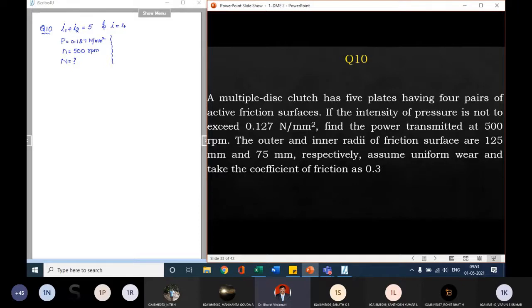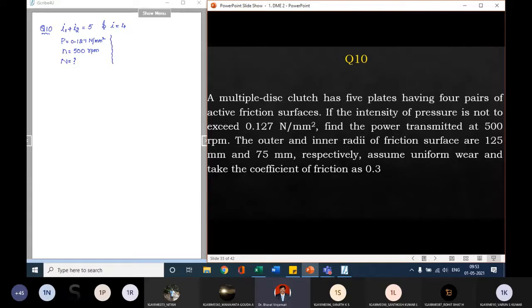You read it, you make an analogy, you make the process in your mind, or try to make a rough sketch of what he has given. If not once, read the question twice, thrice, but don't make mistakes in reading the question. So he clearly said outer and inner radii. So instead of diameter, it should be radius.